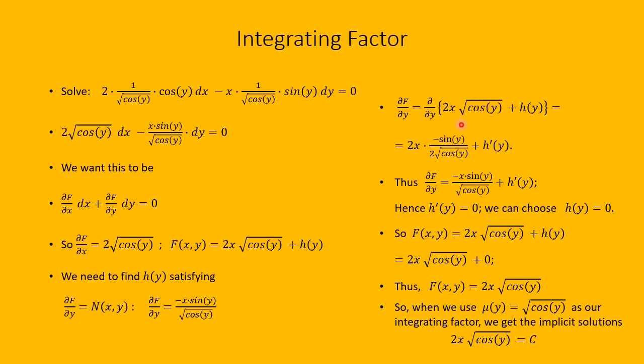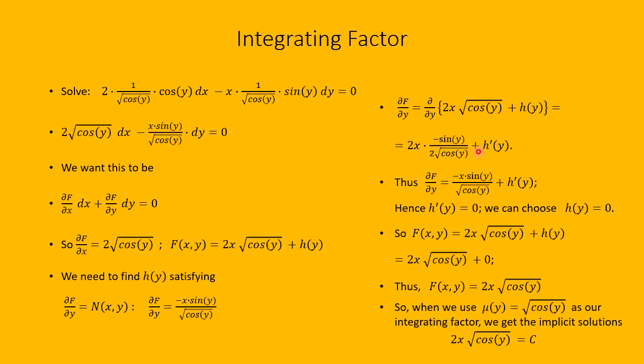So the derivative of this term is going to be that constant 2x times 1/2 cosine y to the minus 1/2 power times the derivative of the cosine of y. And that gives us 1/2 times minus sine y over the square root of cosine y. Differentiating h of y with respect to y just gives us h prime of y.